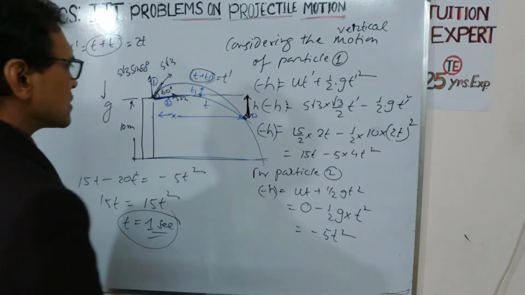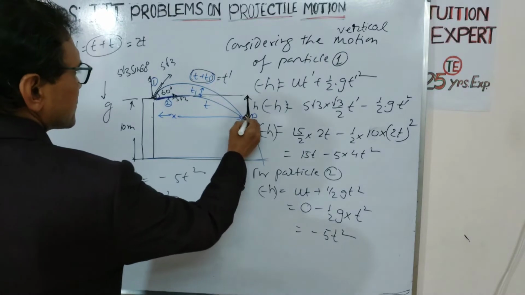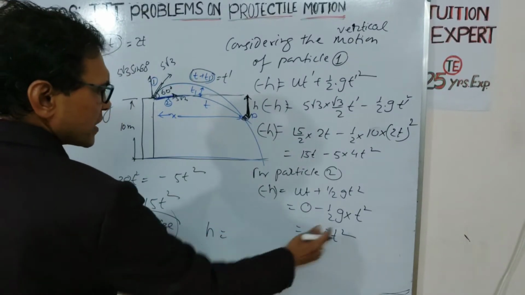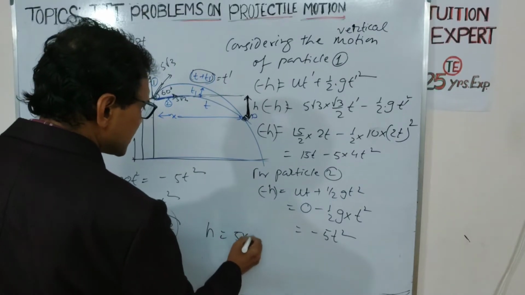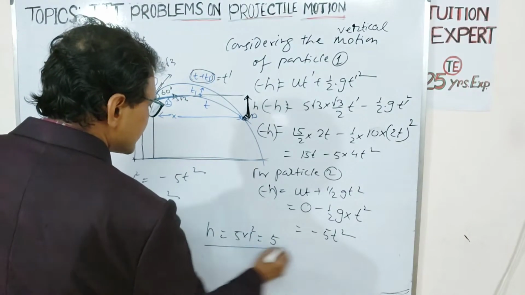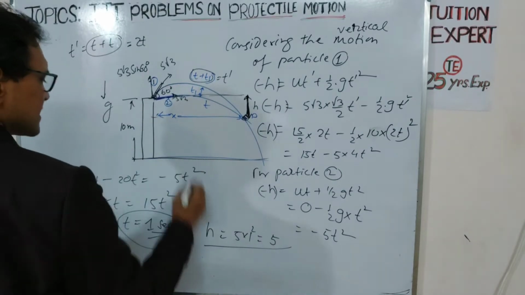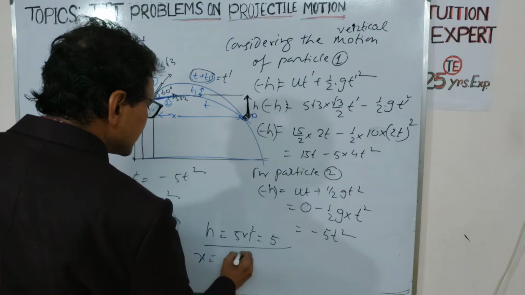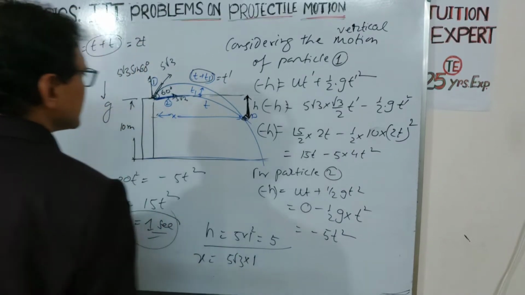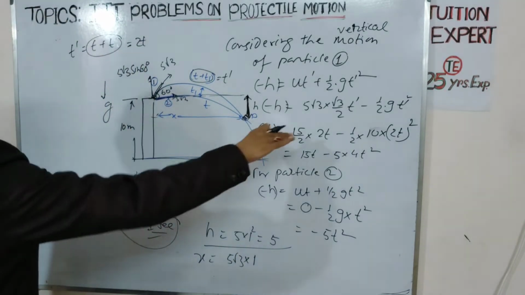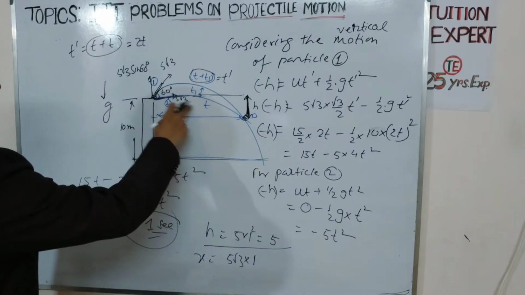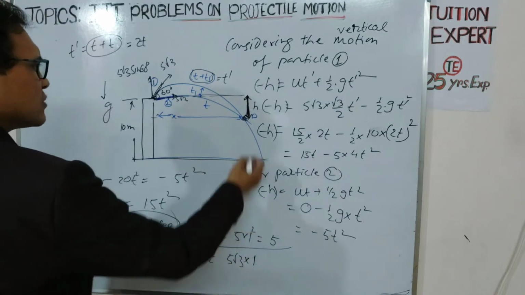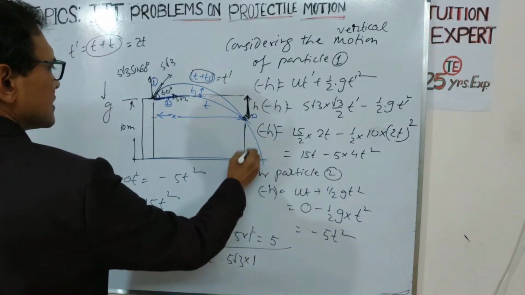Now what is the coordinate of the particle? We get h equal to, from here, 5 into t square, that is 5. The x coordinate will be the horizontal velocity 5√3 into the time taken t; horizontal distance equals velocity into time, so x equals this, and h equals 5.